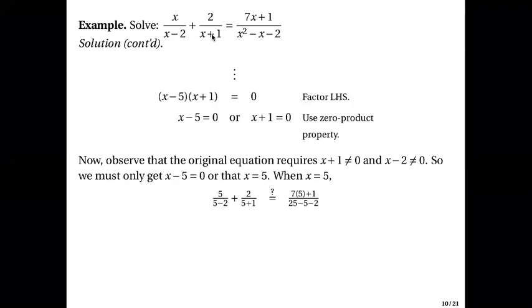Which means what? We must only get x minus 5 equal to 0, or that x equals 5. So when x equals 5, you calculate this, you will get the equality. Okay?